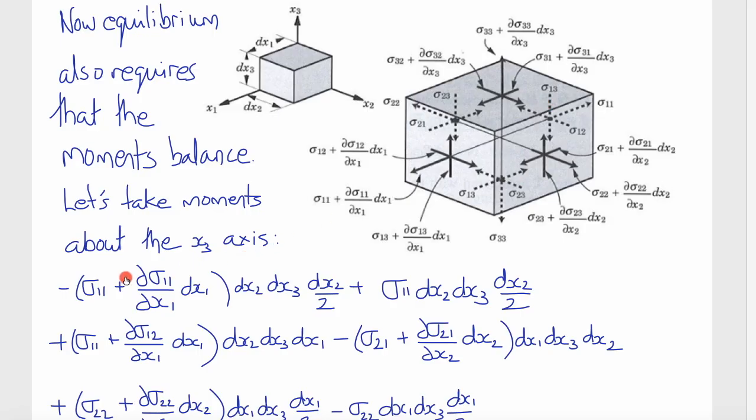So therefore, we get sigma 1,1 plus del sigma 1,1 dx1 times dx1, so this force here, times this area, dx2, dx3, times this moment arm, dx2 divided by 2. Plus, for positive moments in a right-handed sense about x3, sigma 1,1 times this area, dx2, dx3, times this moment arm here, which is dx2 upon 2.